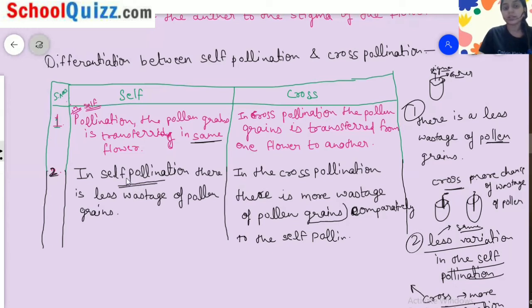So we are comparing here and differentiating self and the cross. So we have to write that there is more wastage than the self pollination, in the comparison of the self pollination. If you write like this, there is more chance, and this will impress your examiner more.